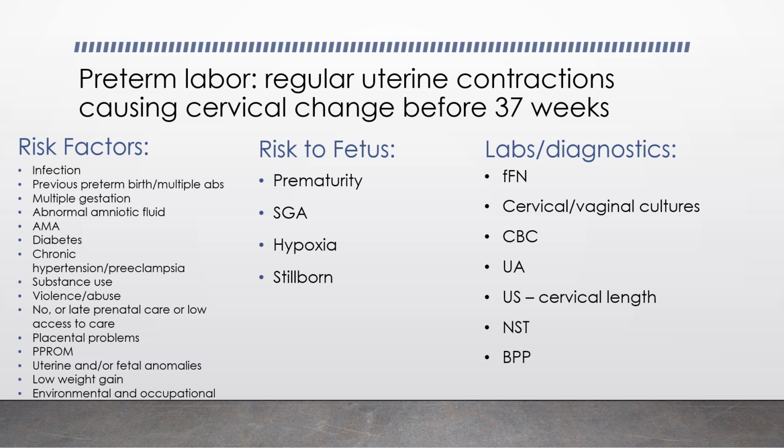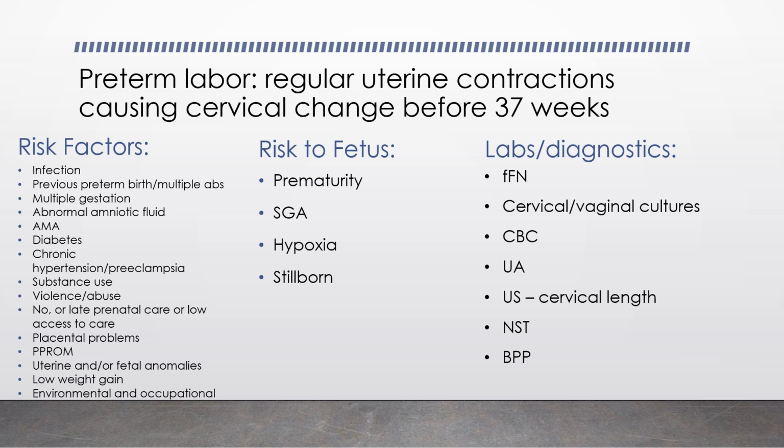If it's positive, that means there's a good chance for delivery within 2 weeks. So if it's negative, it means there's really a very low probability of the baby being born in 2 weeks.